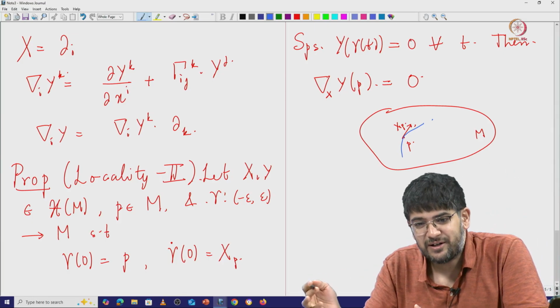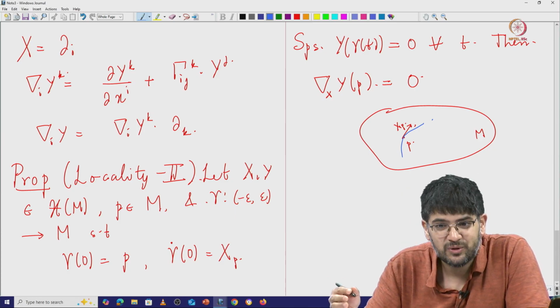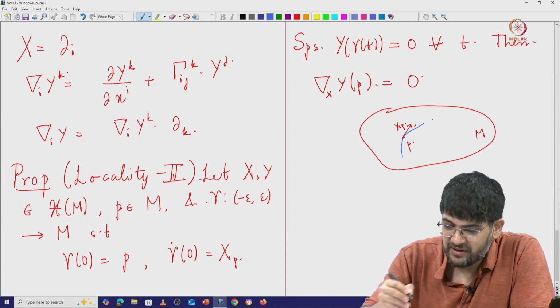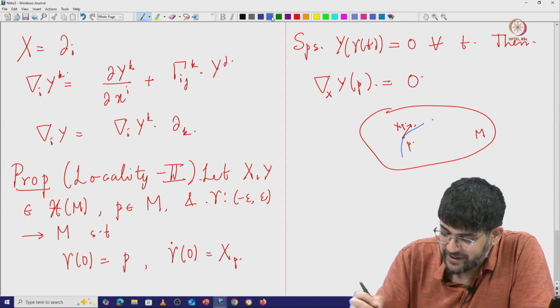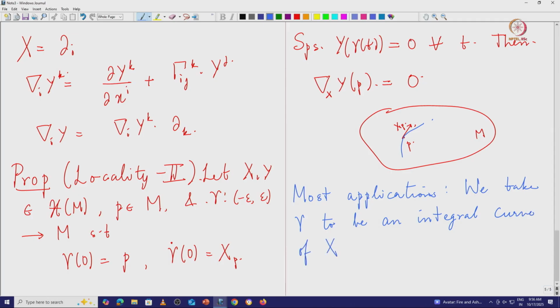That implies that the directional derivative of y with respect to x is going to be 0. In most applications, we take gamma to be an integral curve of x passing through p.